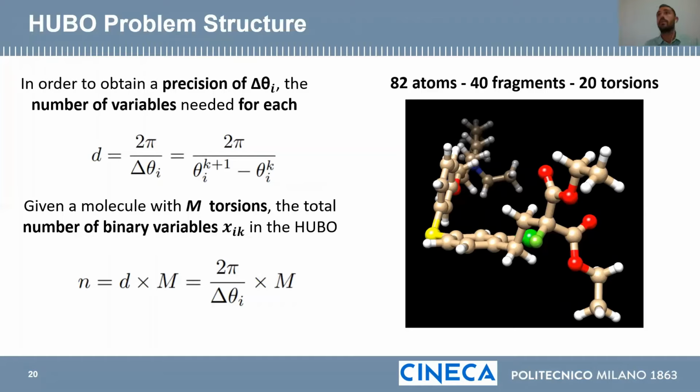In the following, we refer to this molecule here, and we restricted our experiment to this molecule, which has 82 atoms and 40 different fragments, rigid bodies inside it, and 20 torsion angles.